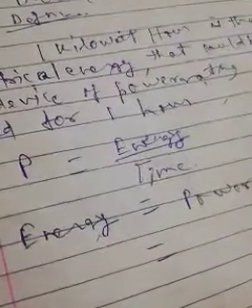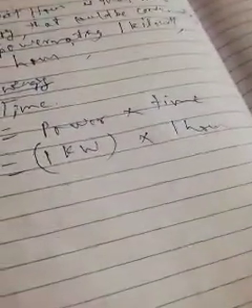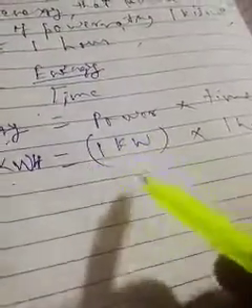That means 1 kilowatt hour is how much energy in SI unit. If the device has power 1 kilowatt and is used for 1 hour, then the energy used is 1 kilowatt hour.